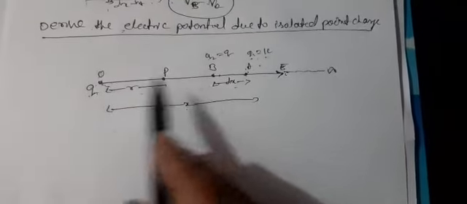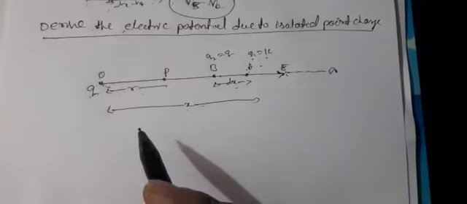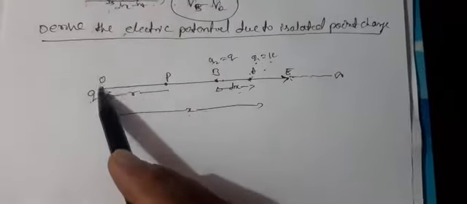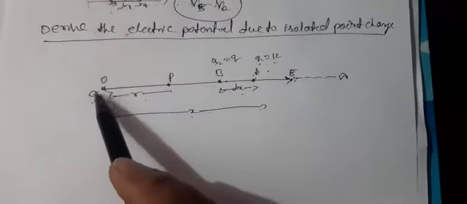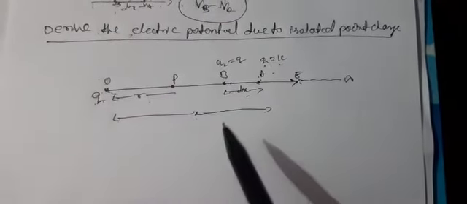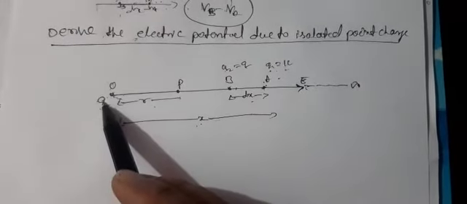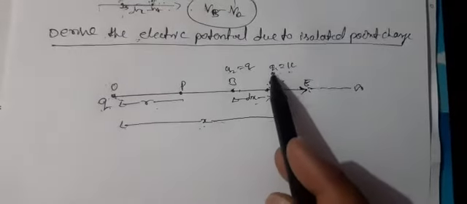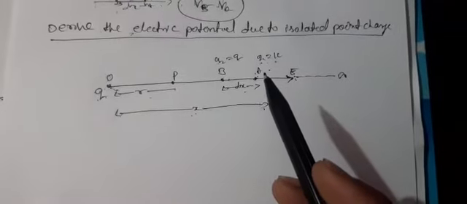Consider the diagram. It shows that Q, the point charge or isolated charge, is placed at a point O in free space. X is the distance between A and O. A holds the first charge, taken as 1 coulomb of charge.